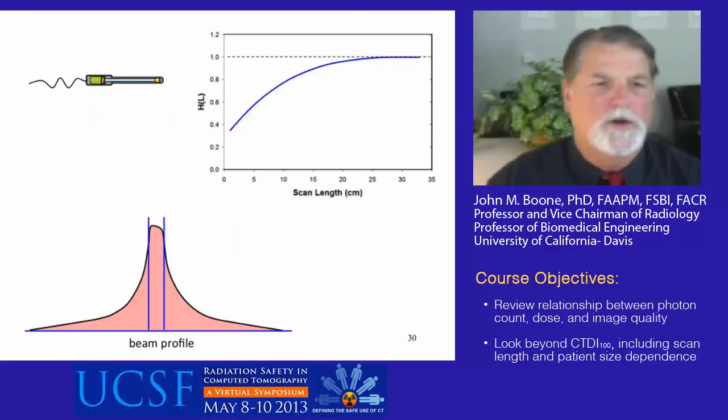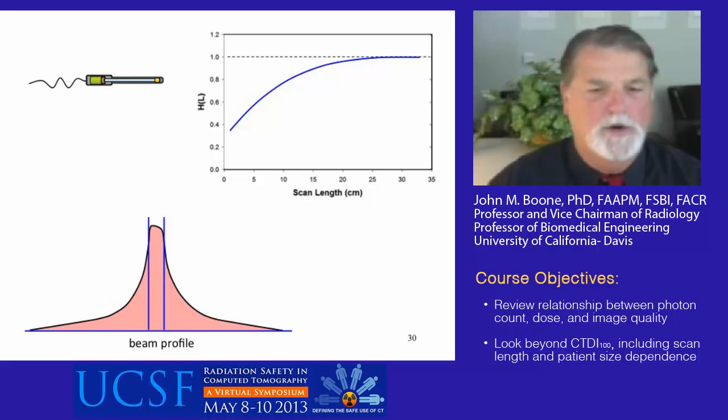So with this one curve, however, we can integrate the beam profile with different thicknesses, and we can generate the so-called H of L curve as a function of scan length, as you see in the upper right plot on slide 30 here, and that works very well and is quite efficient use of scanner time and medical physicist time.